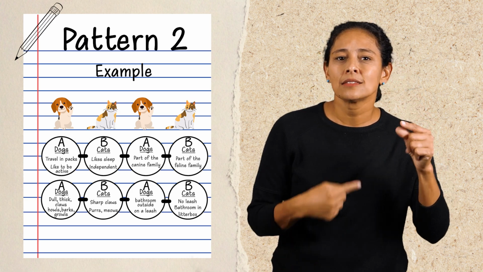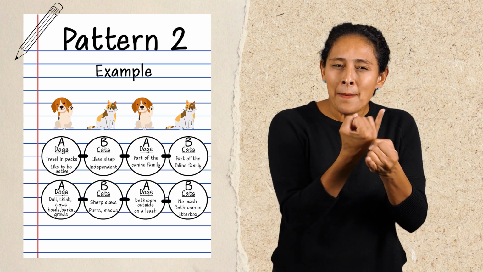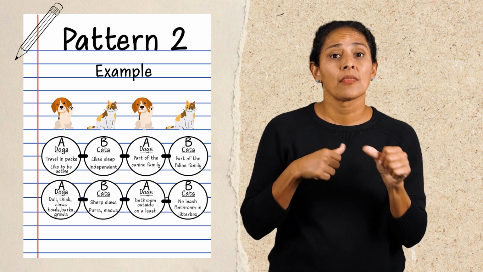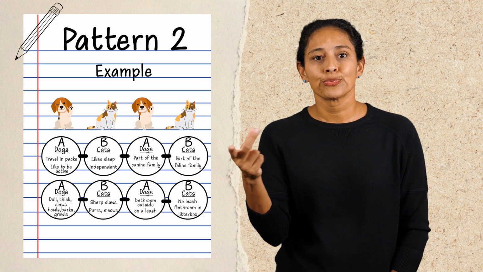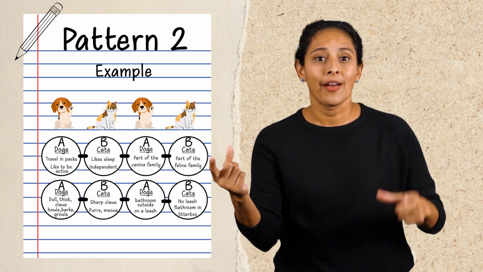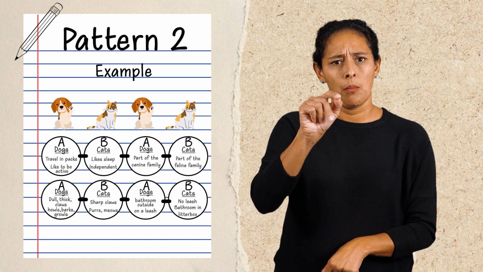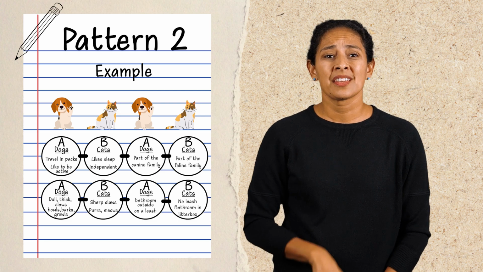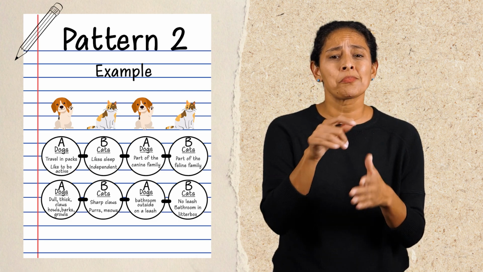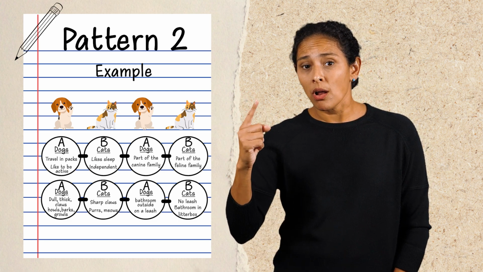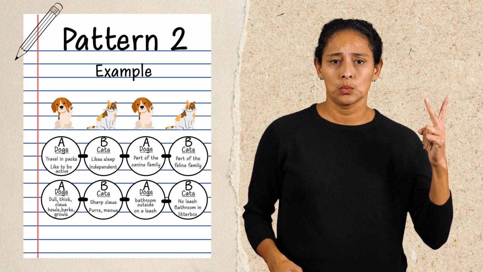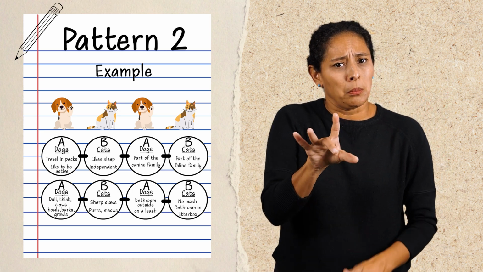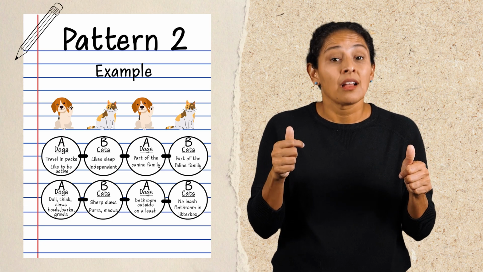Then I switch to cats and mention how cats like to be independent and sleep. I continue to switch between dogs and cats for each of my main points. It doesn't matter if you choose pattern 1 or pattern 2. Just be sure to choose one and stick with it for the outline part.